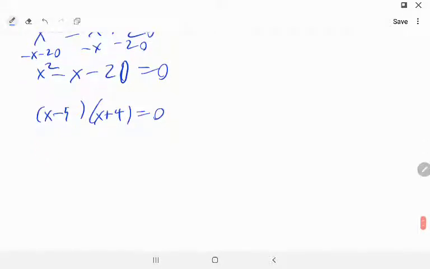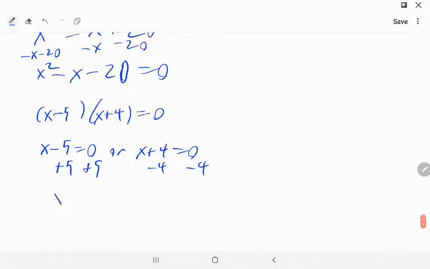That one's pretty straightforward. We get x minus 5 equals 0, or x plus 4 equals 0, and so x equals 5, or x equals negative 4.